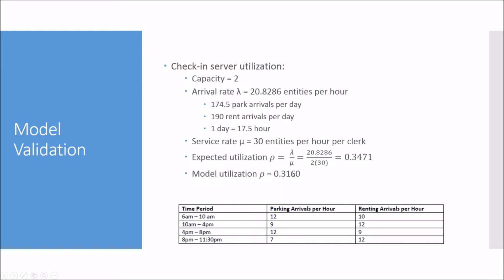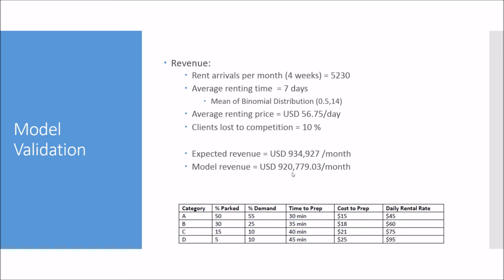So we can be pretty sure that the model is correct, but just to be completely sure, we estimated the revenue that we could get from the service in 4 weeks. We can expect that in 4 weeks, about 5,230 entities will want to rent a car from our facility, based on an average renting time of 7 days and an average renting price of $56.75 per day, calculated based on this table.